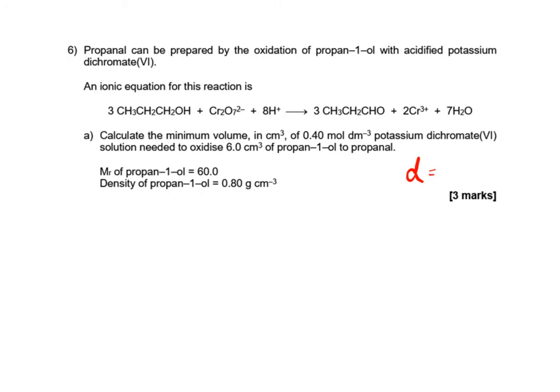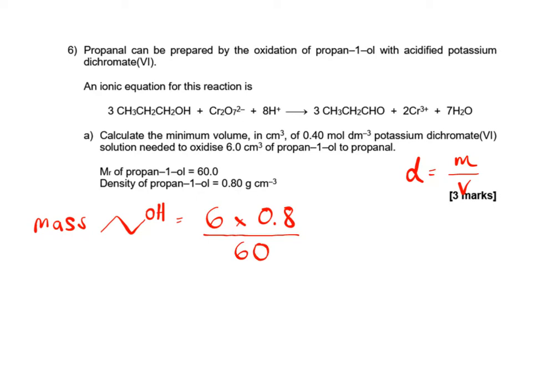So first of all, we need to work out the mass of the propan-1-ol. So that's the density times the volume, and then we'll divide that by the MR, which is 60, and this will give us the moles of propan-1-ol, which should come out to be 0.08.